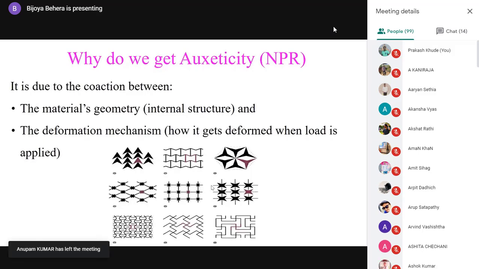The second reason is the deformation mechanism. Deformation mechanism means when the load is applied to this material in one direction, it gets deformed when load is applied in the transverse direction.